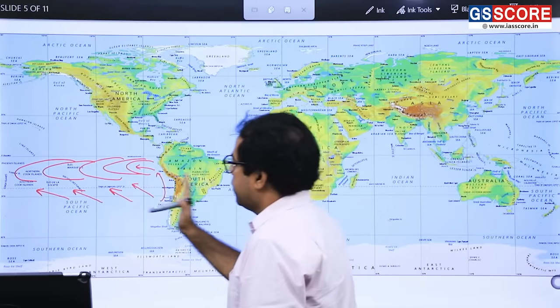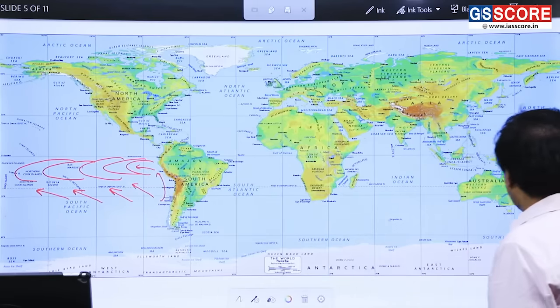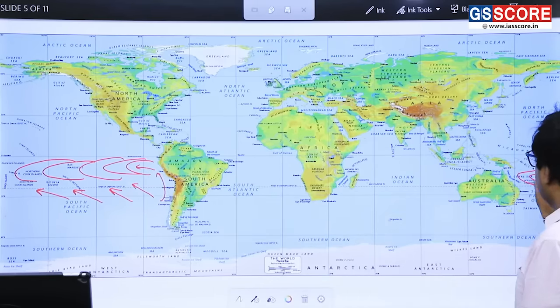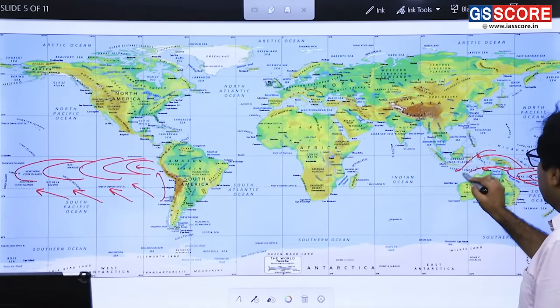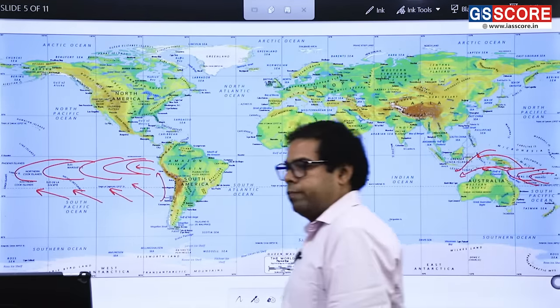So this warm water, when it expands, also enters the Indian Ocean through different channels.